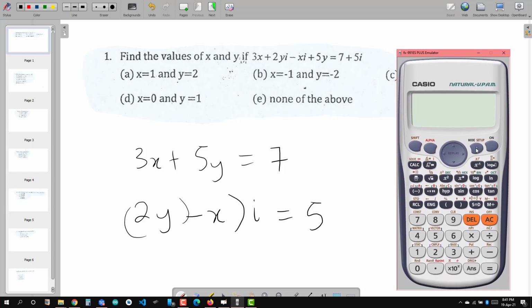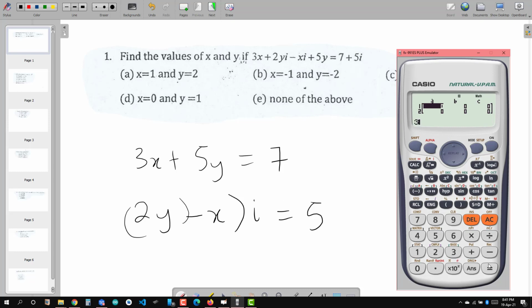So you go to mode and then mode 5, that's for equations, and then simultaneous equations in two variables, that will be number 1. So we take the a column as the coefficients of x, b for coefficients of y, and then c for our constants.